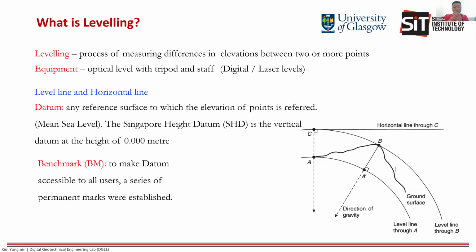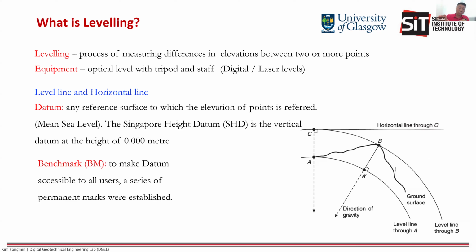Another important element that we need to have is the benchmark. Usually we call it a TBM, a temporary benchmark, or a permanent benchmark. This benchmark is to make the data accessible to all the users, surveyors. All right.